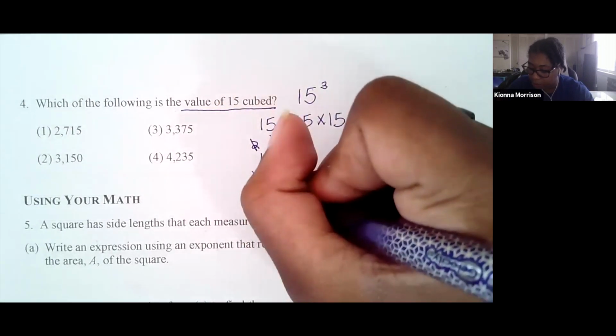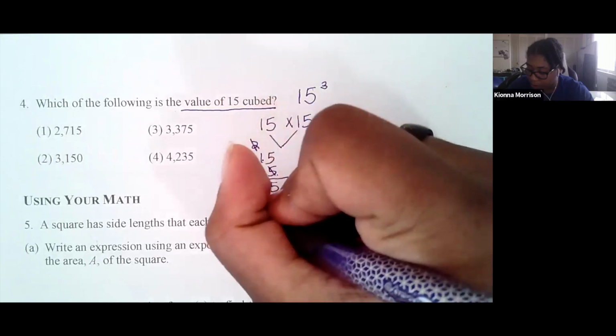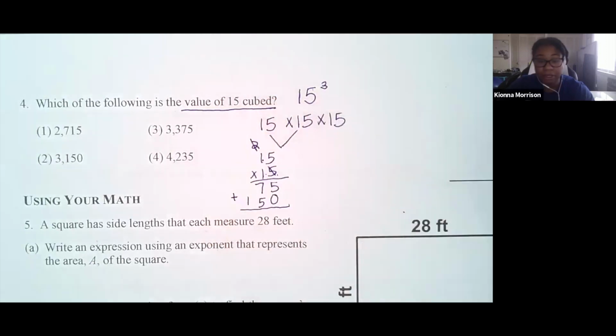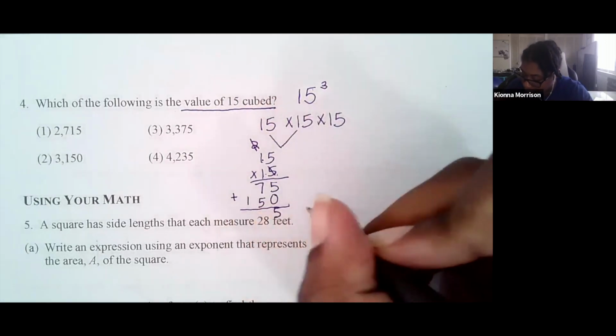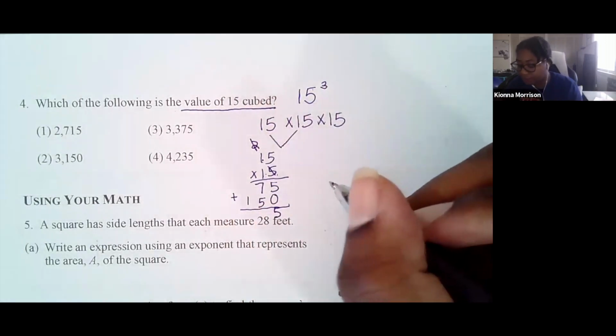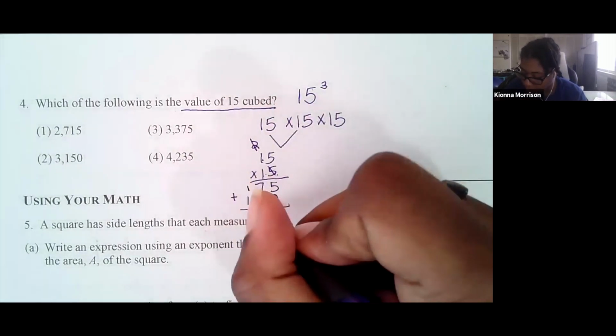Add my placeholder. 1 times 5. 1 times 1. I'm going to add up my partial products. 5 plus 0. 7 plus 5. 1 plus 1.